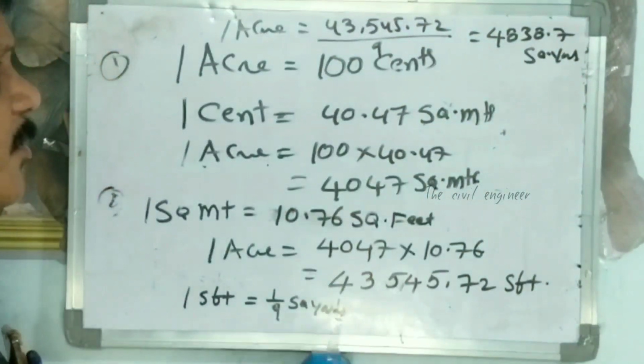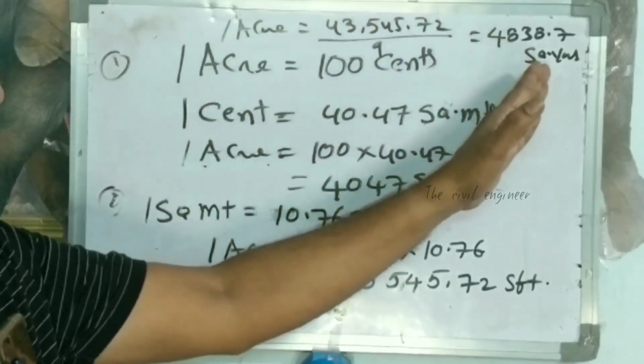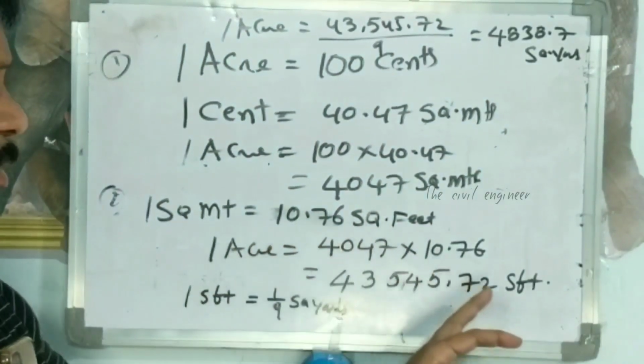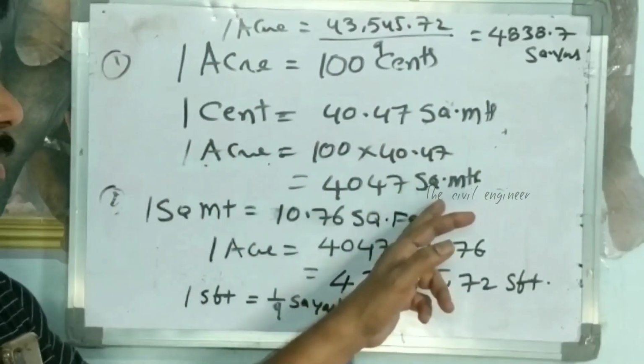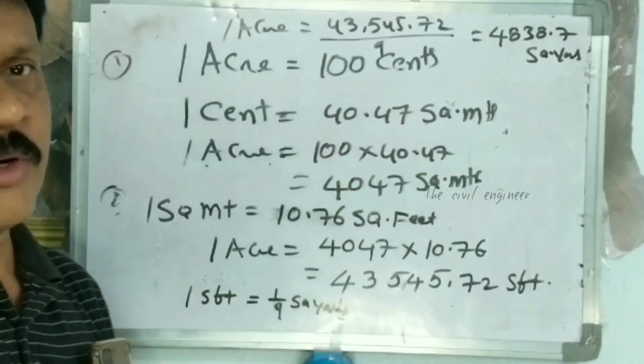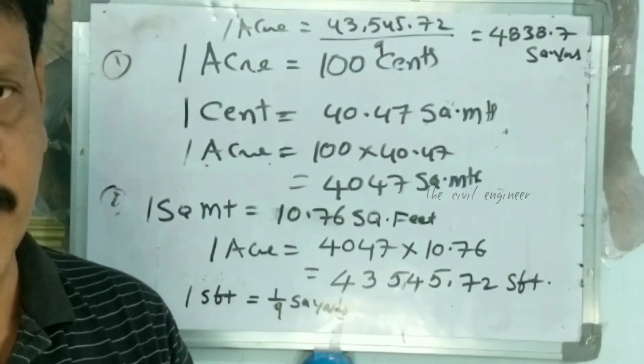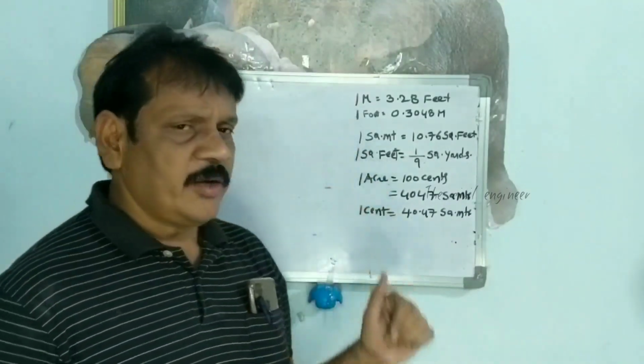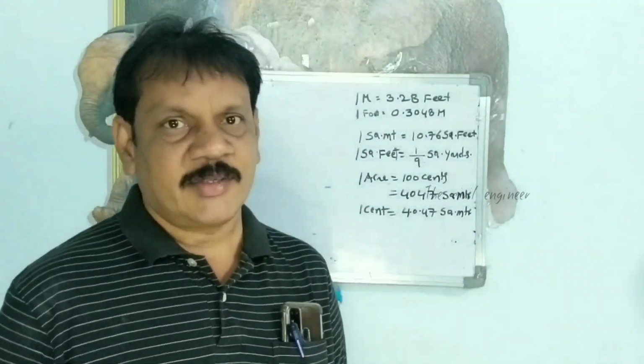This is the conversion of acres to yards, acres to square feet, and acres to square meters. Then we can find the site in different measurements. So finally we get the unit conversions.